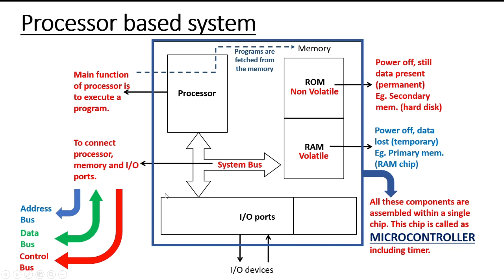So usually there are two ways to produce the delay, two methods: using hardware and software. So you can see the hardware delay and the software delay.